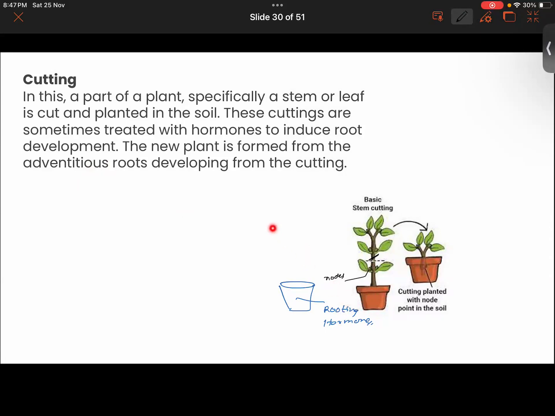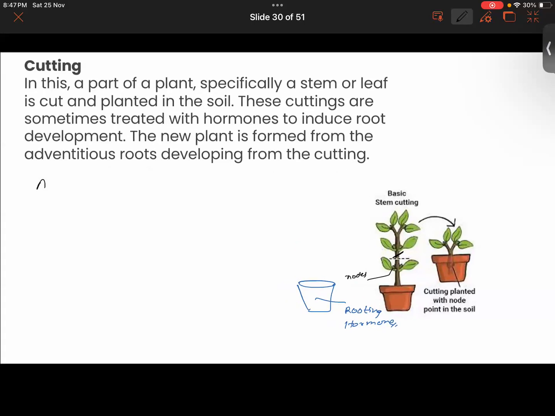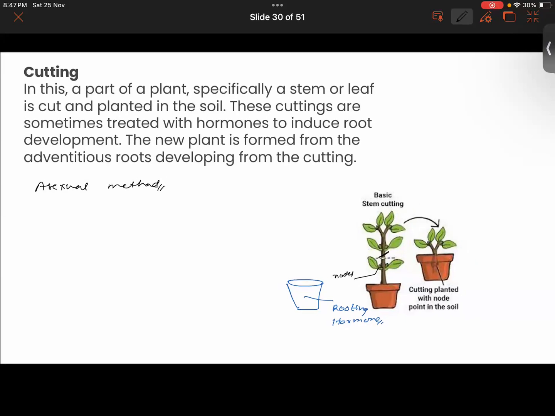And this cutting is an asexual method, right? Since it's an asexual method, the new plant is developed from the same plant. So genetically, both the plants are identical to each other, right?